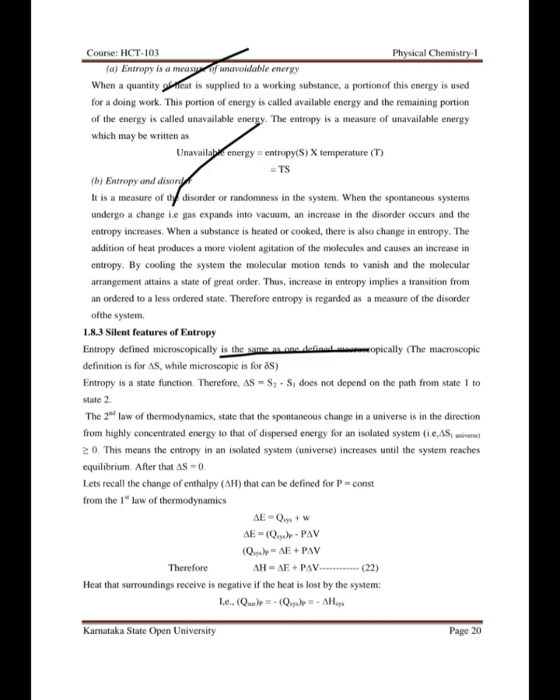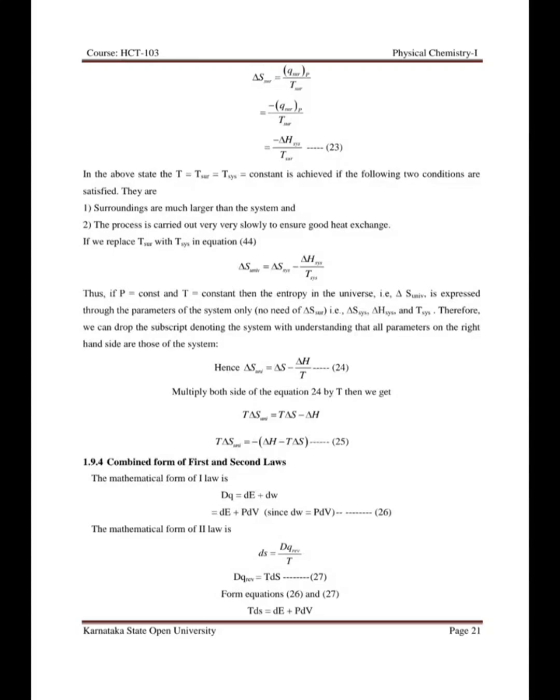The entropy of a system is also a state function. Therefore it is denoted by S, and those are the salient features given here. And next, the surroundings are much larger than the system.